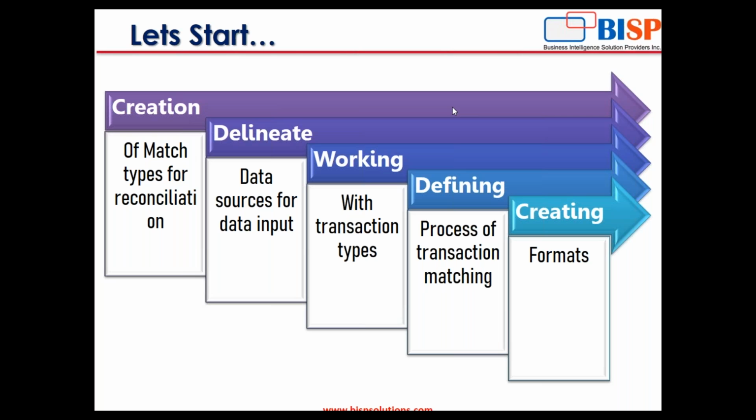Match types are where you provide the data sources for a particular reconciliation, and the rules with which the data sources' amount or invoice is going to match. And if two amounts of account A and account B do not match and there is a difference, where am I going to put that difference, the adjustment? So these three are the main points of match types. We'll look at what match types are, but this is just an overview.